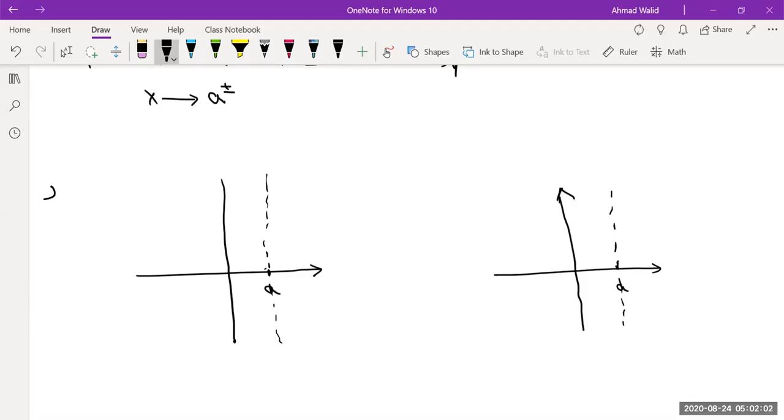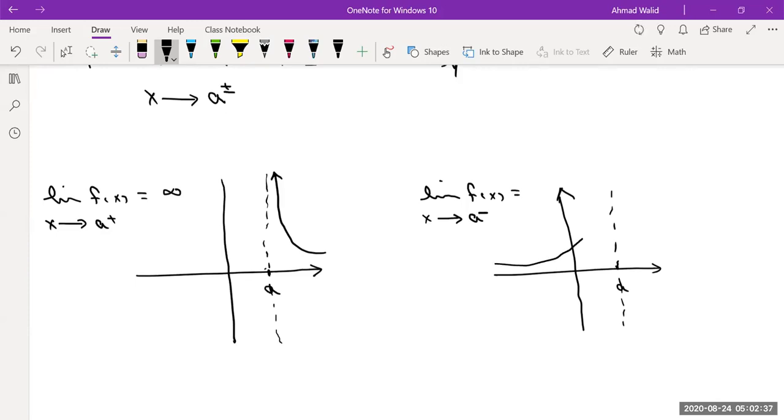Number 1, the limit of f of x as x approaches a from the right side, you can have this. Your function can approach positive infinity. Case number 2, the limit of f of x as x approaches a from the left, your function can go like this, again to positive infinity.